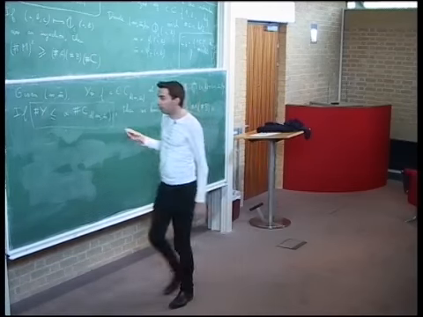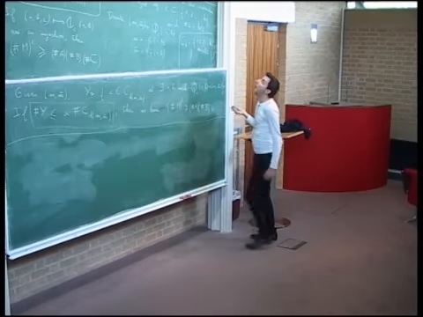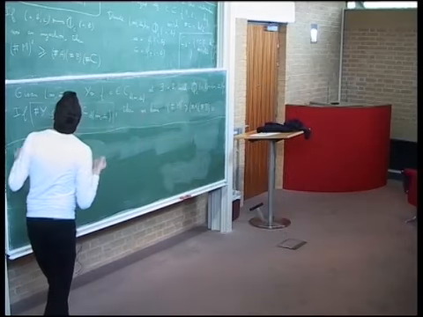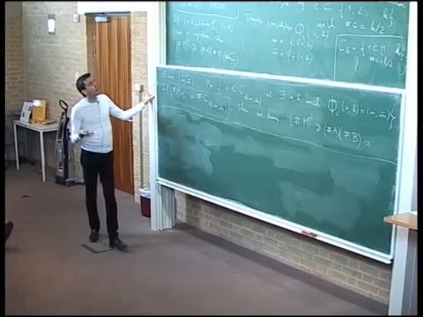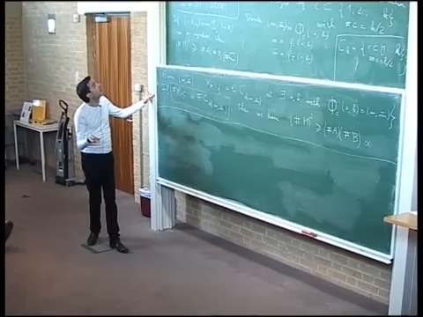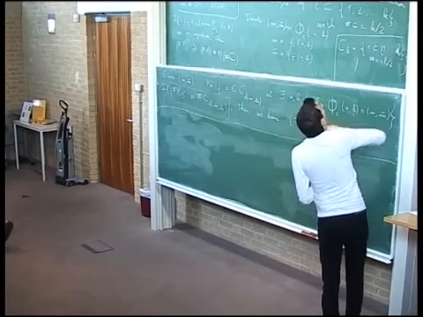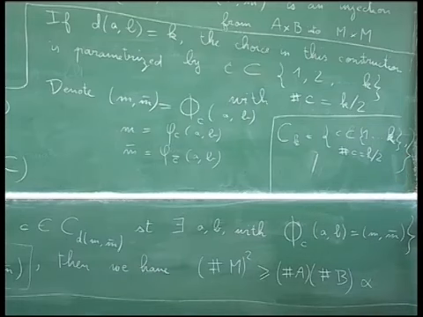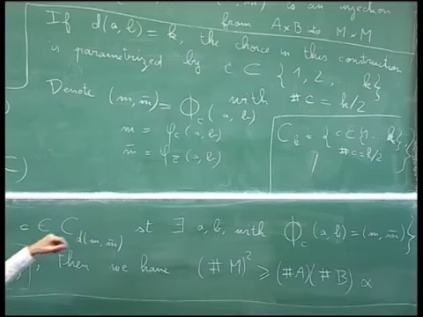So now there is an observation, which is: look at the way that M is built from A and B. So imagine that you change the code C at one position. So you move one element of C to another position. Okay, I'm going to write it explicitly.